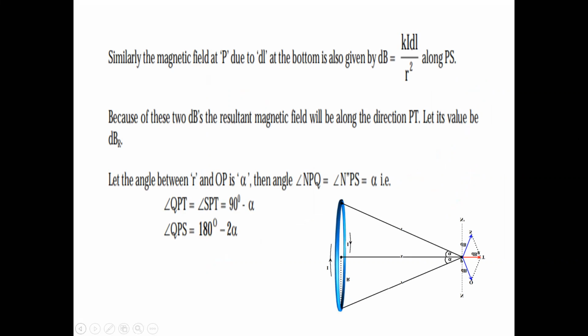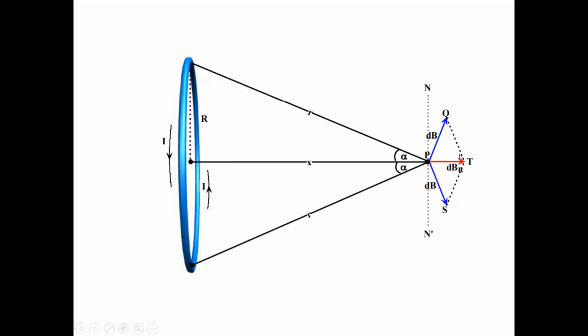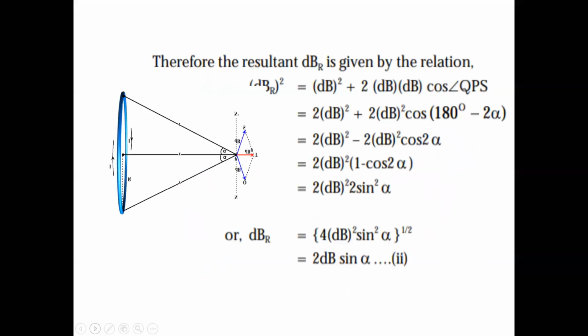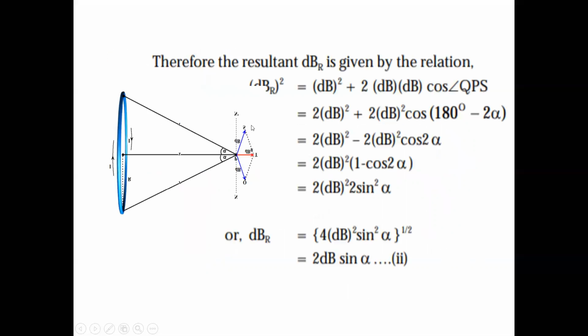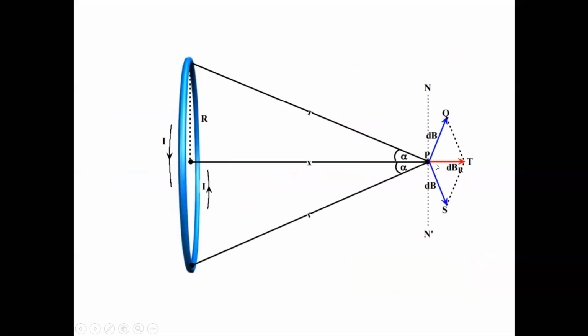Now we have to calculate the value of dBr, that is the resultant. According to vectors, dBr whole square is equivalent to dB square plus 2 dB into dB cos of QPS. That means this is the dBr square resultant.